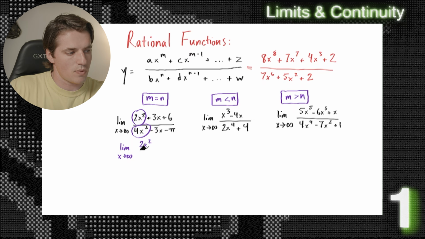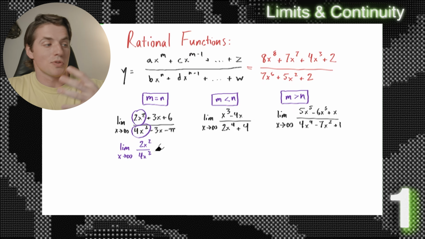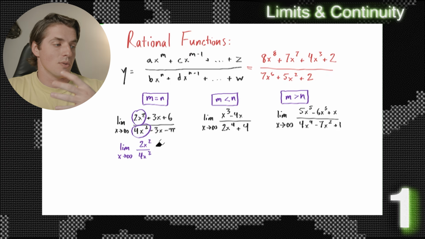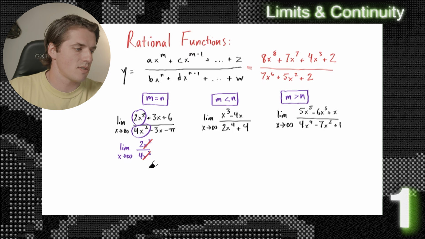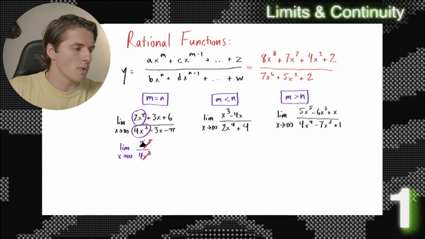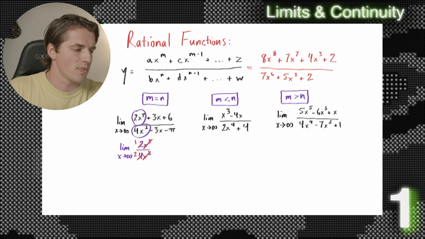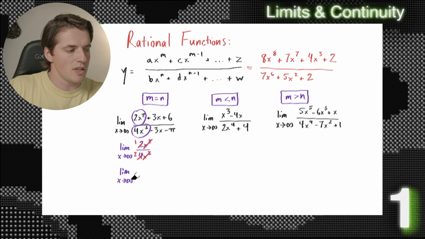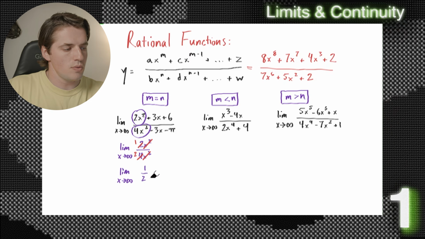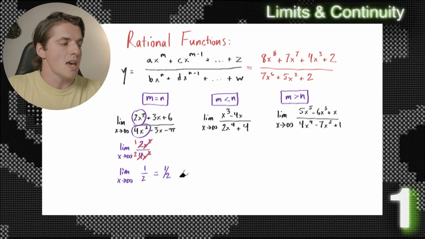So we have 2x squared over 4x squared. Now we can use algebraic manipulation in order to find this limit. We can cancel the x squareds, and we can also cancel the 2, make this 1, and make this 2. So we have the limit as x goes to infinity of 1 over 2, which is just equal to 1 over 2.